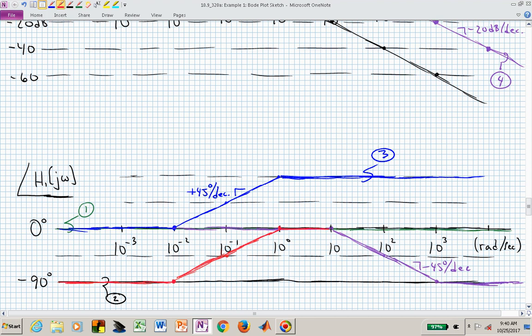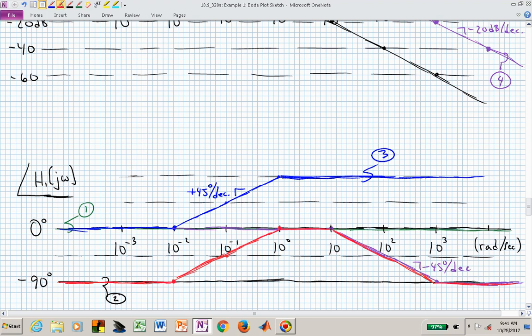And now we really effectively have just the pole, the second pole contributing. That now contributes, and it stops contributing a decade beyond.